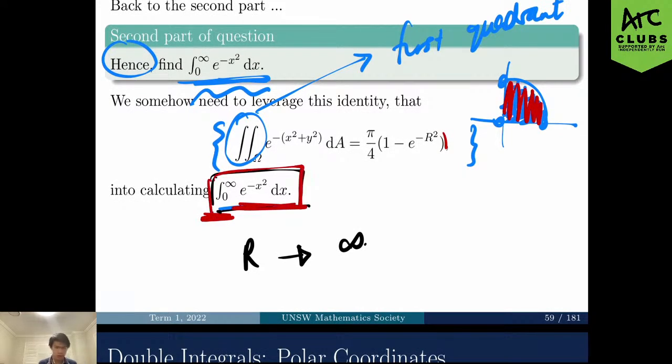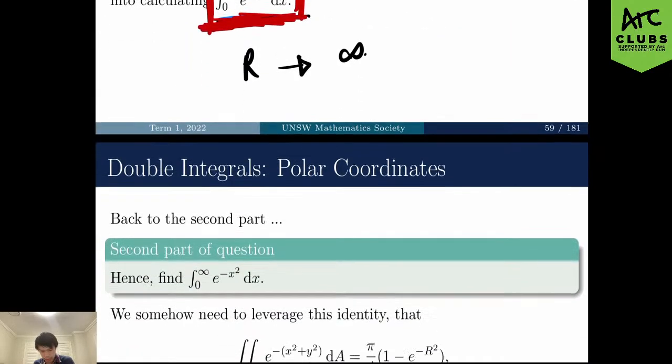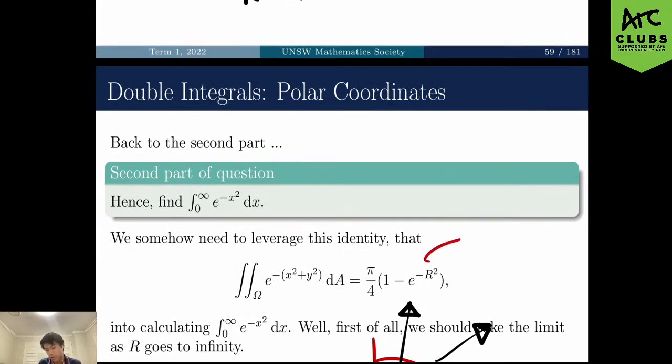To do this, we need to take the limit as r goes to infinity. So on this side, it just turns into pi on 4.